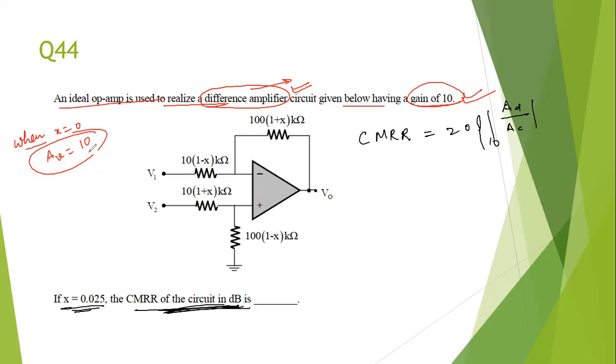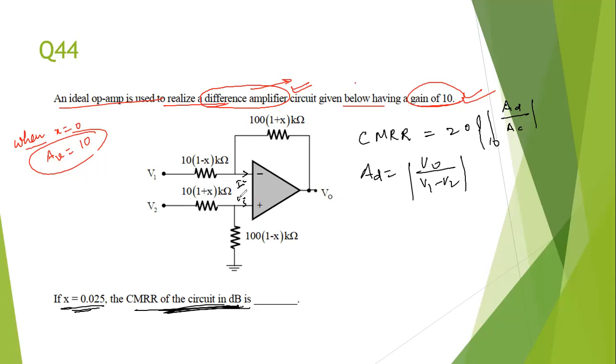How can you find the differential mode gain? Let's say, my dear students, this current equals 0, so the current inside is 0. This is V1 and V2. We have to find AD, and AD is V0 upon V1 minus V2, mod value. So we have to find the V1 minus V2 value.